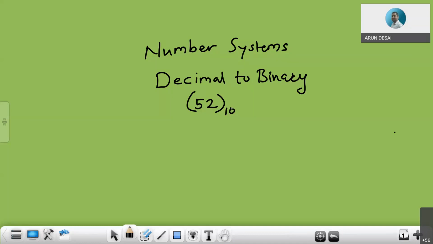Tell me how to convert this number to binary.